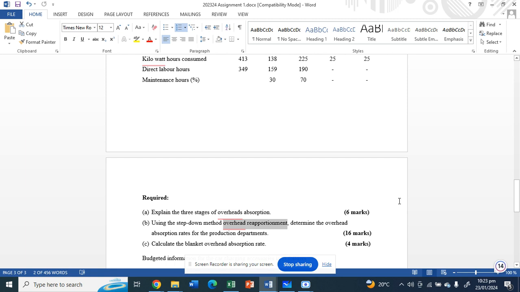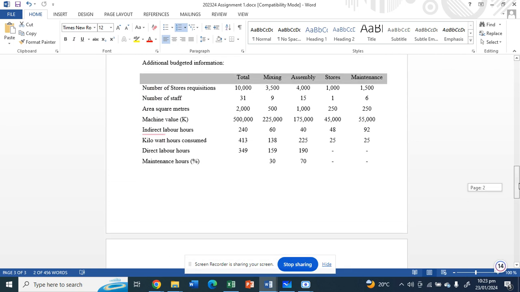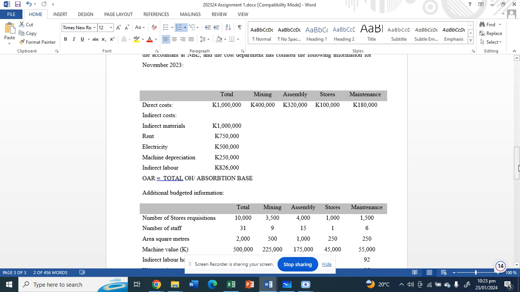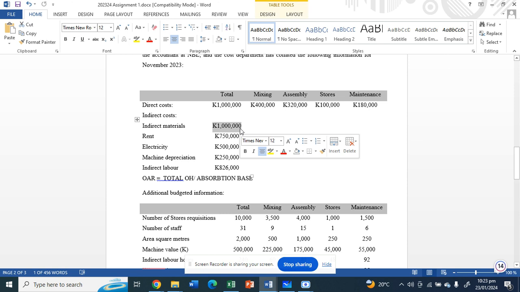Then when we come to the reapportionment part, that's when I'll explain what the step down method is all about. So the first thing we need to do is share this 1 million for indirect materials to mixing, assembly, stores, and maintenance.